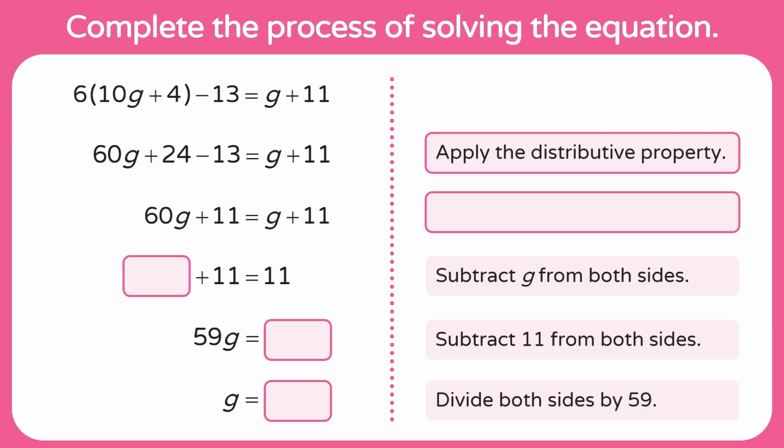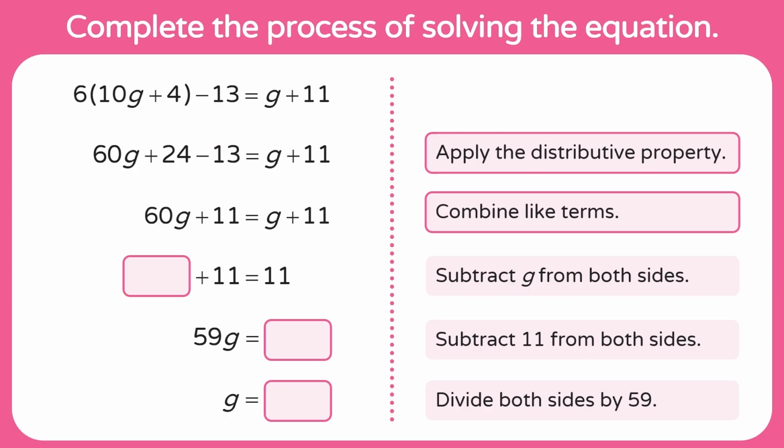In the second equation, there are 3 terms on the left side, but in the third equation, there are only 2. It looks like we combine like terms. 24 minus 13 is 11. So, let's write combine like terms in this blank.